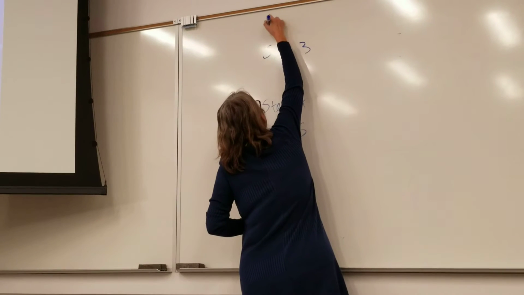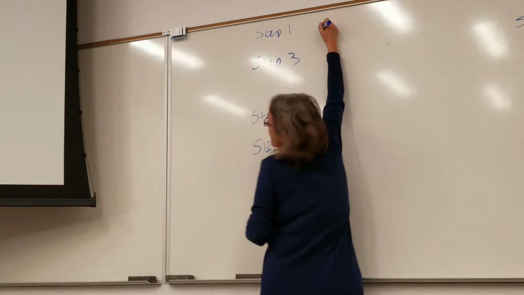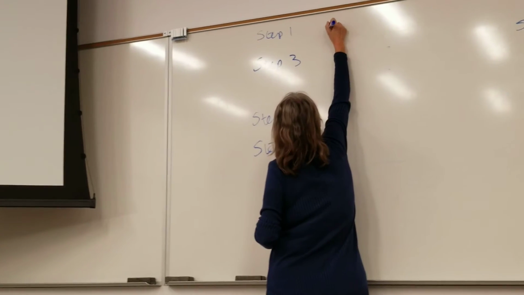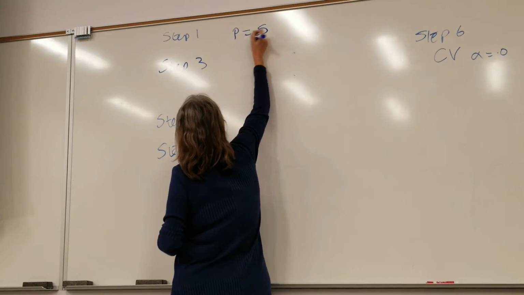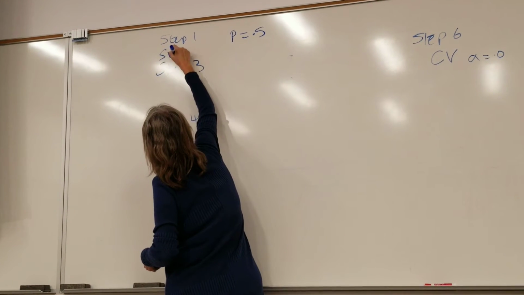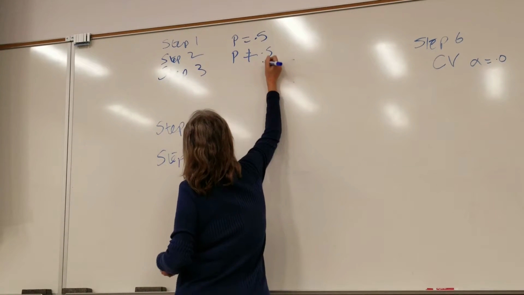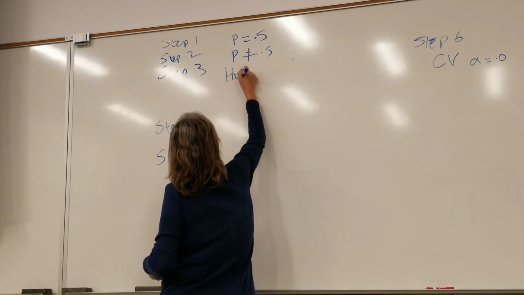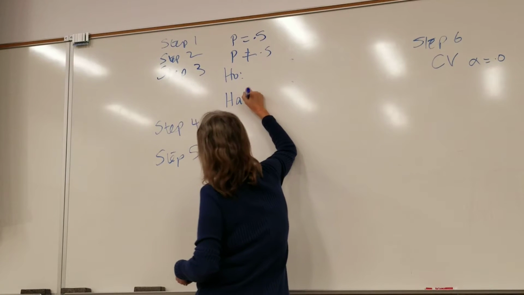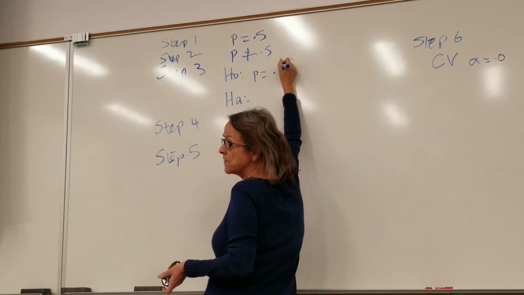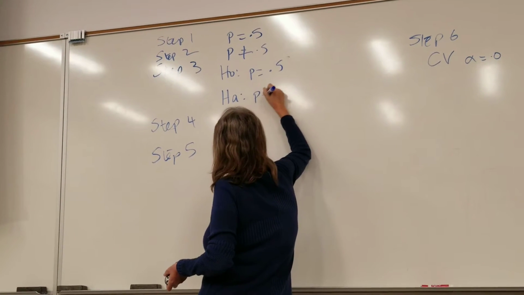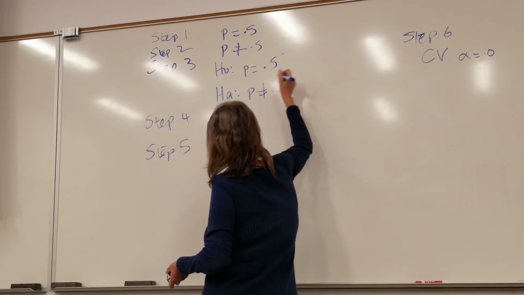So step 1, they're claiming that p is 0.5. The opposite of that is what? Is not 0.5. Which one is my null? The first one, because it's the first one? No, because it has the equality.